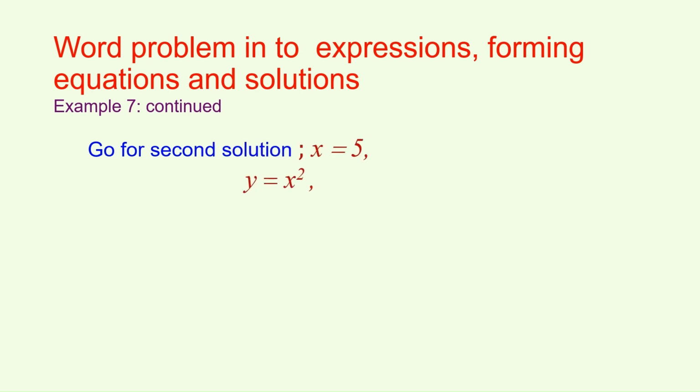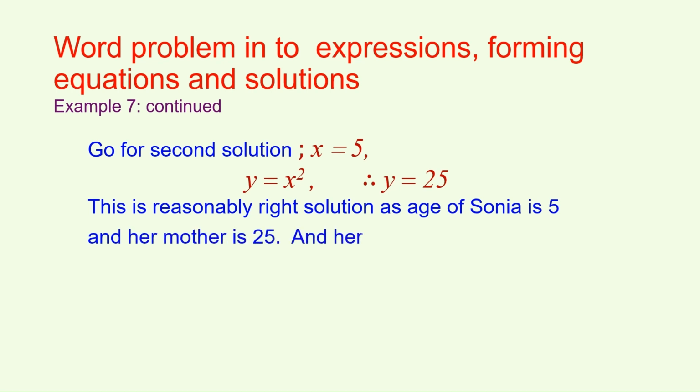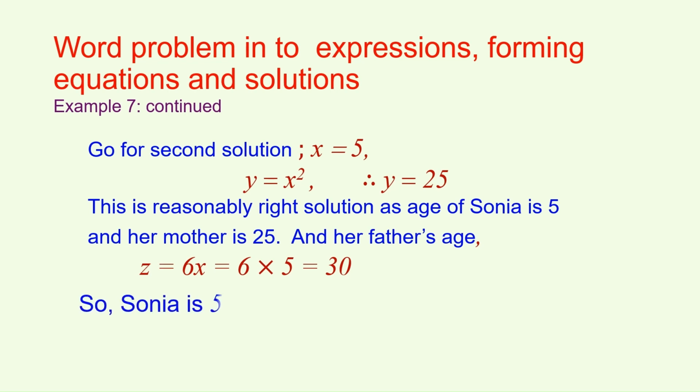Go for the second solution, x equals 5. y equals x squared, therefore y equals 25. This is a reasonably right solution, as the age of Sonia is 5, her mother is 25, and her father's age is z equals 6x equals 6 times 5 equals 30.